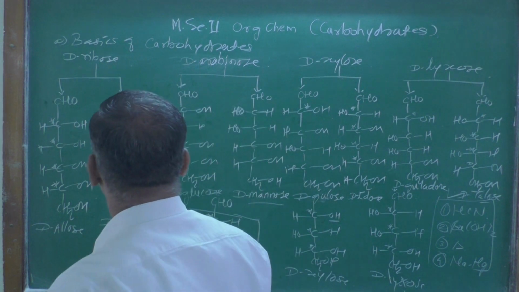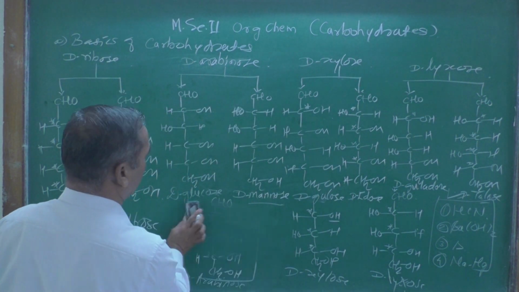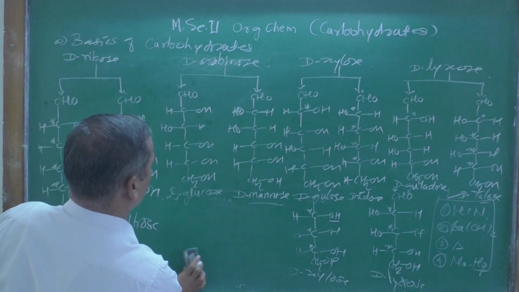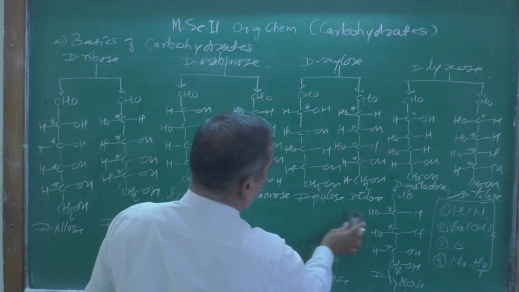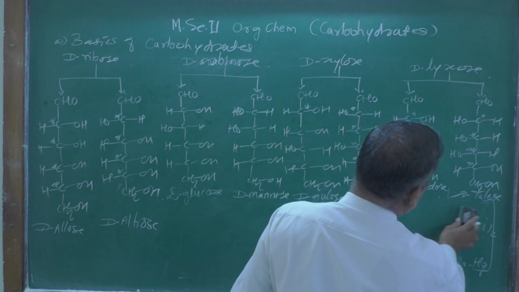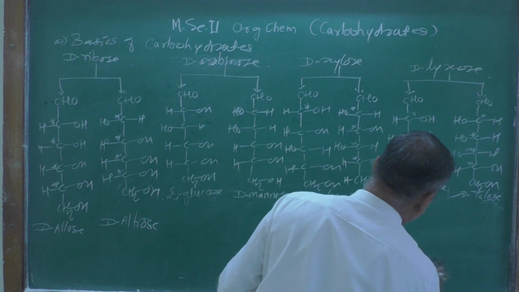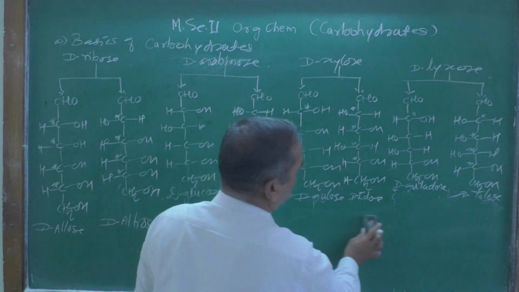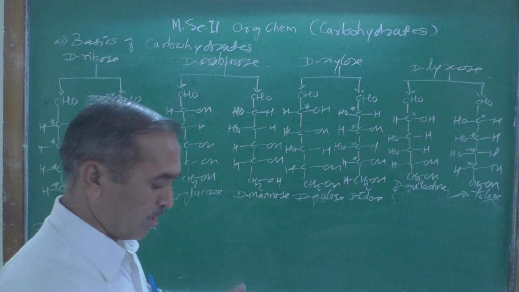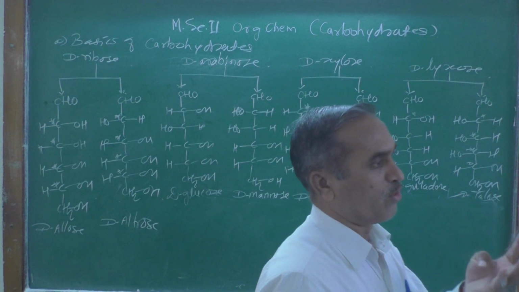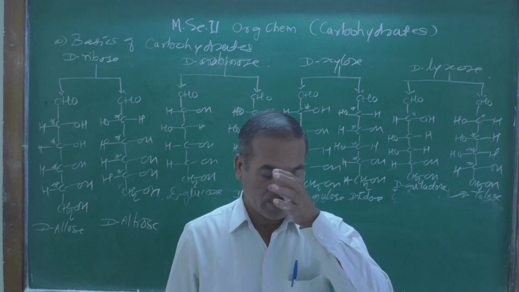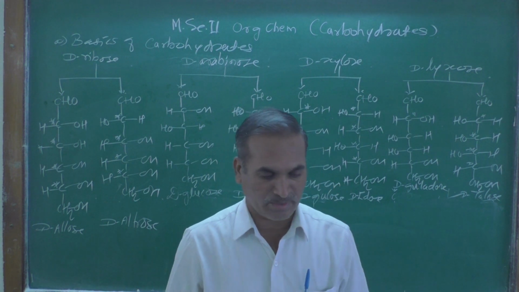So in this way we have studied the Kiliani-Fischer synthesis. How can we increase the number of carbon atoms? Remember, by doing 4 steps, there is an increase of 1 extra asymmetric carbon atom.